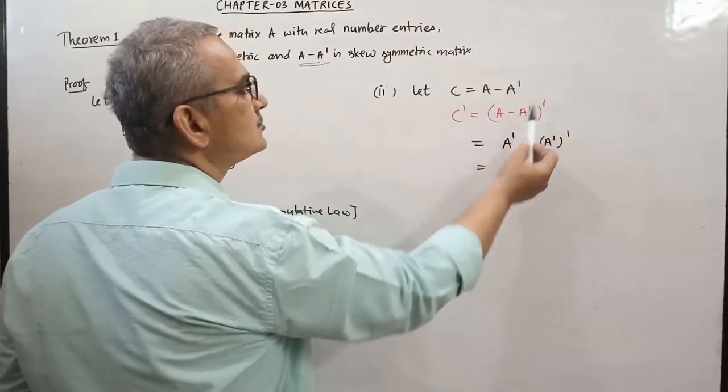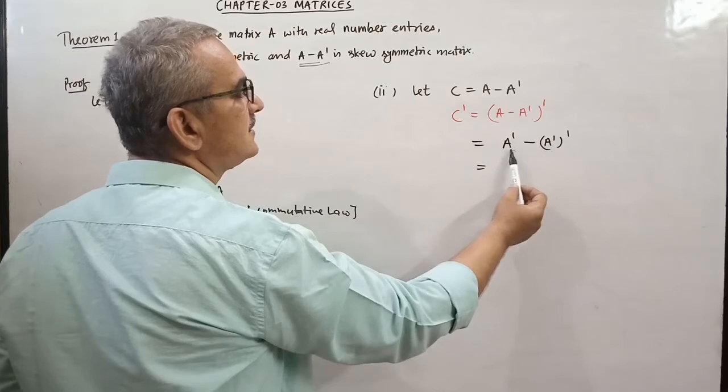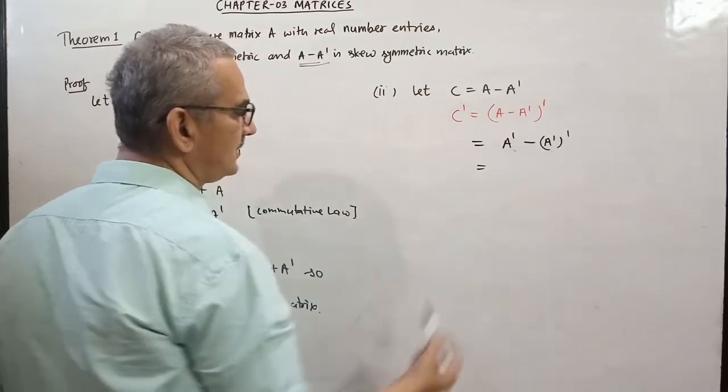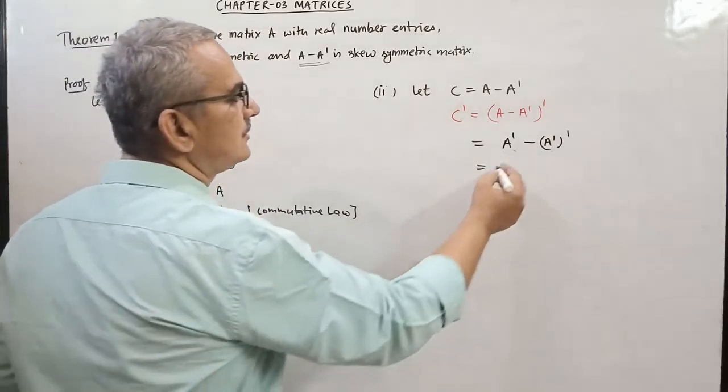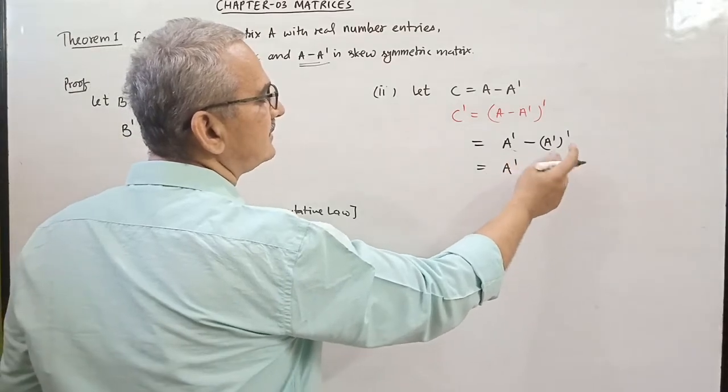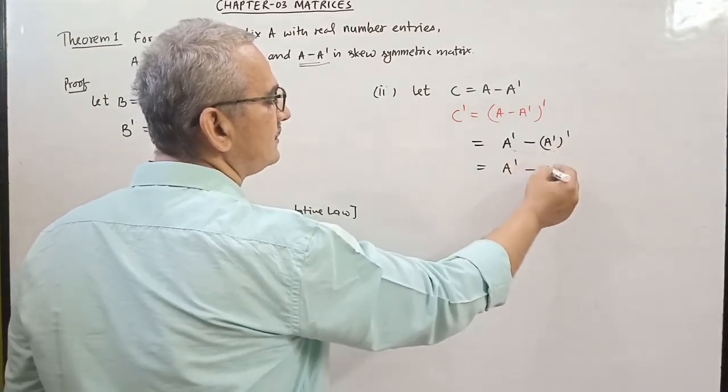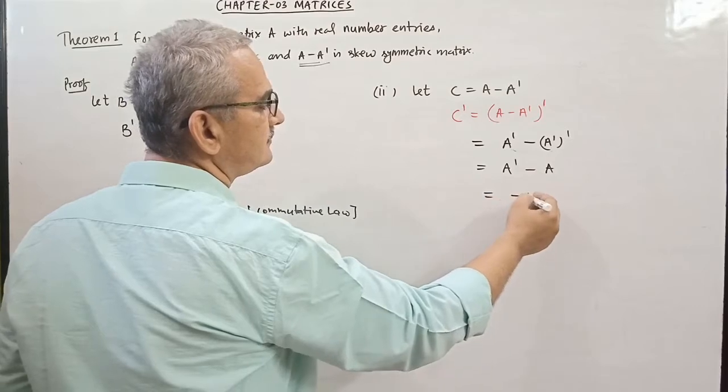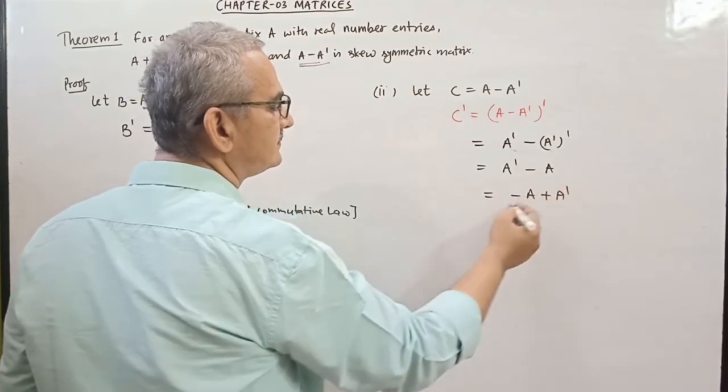Okay, this transpose will distribute over both the matrices because this is also the addition of two matrices. So it will become A dash, and the double transpose of A will be A, and this is commutative.